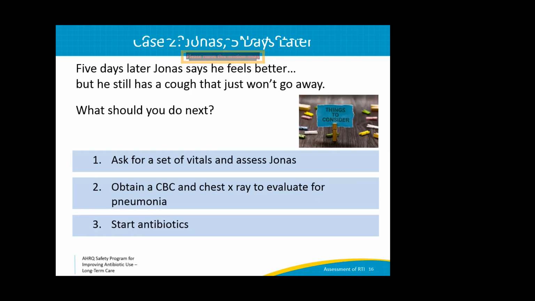So in this case, we manage his symptoms, we keep an eye on him, and when we check in on him 5 days later, he says that overall he's feeling a bit better, but he still has this nagging cough that's just not going away. So at this point, what should we do next?